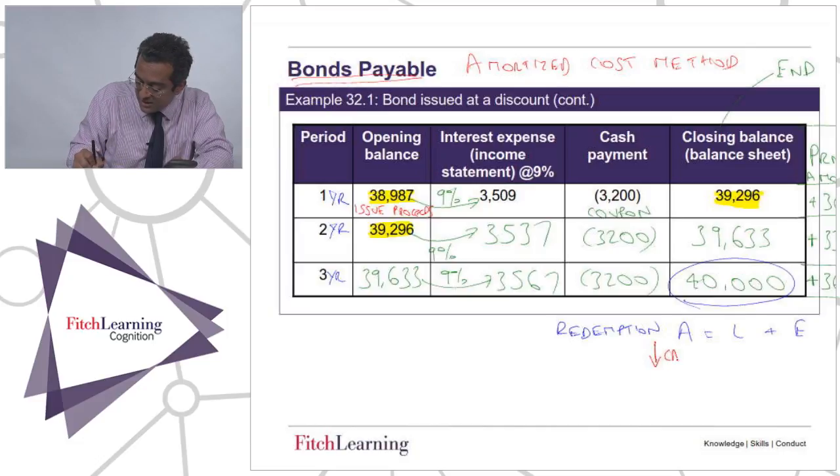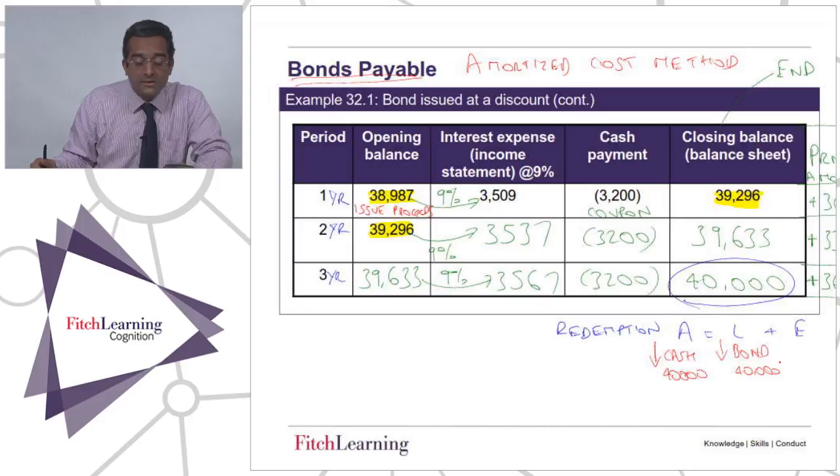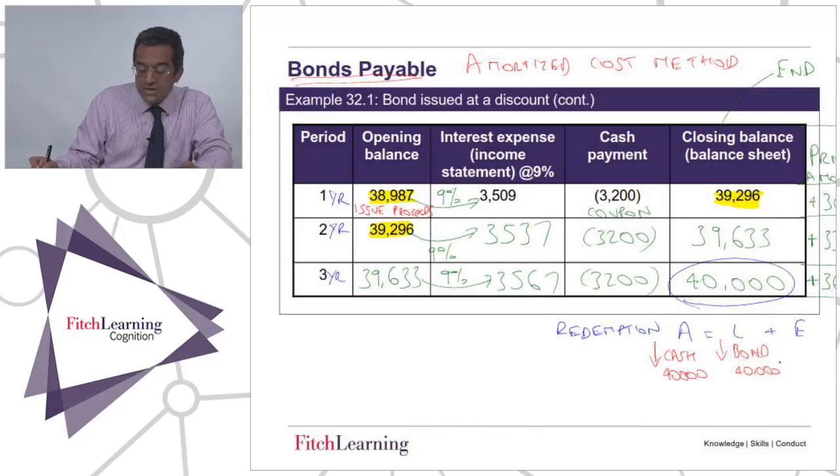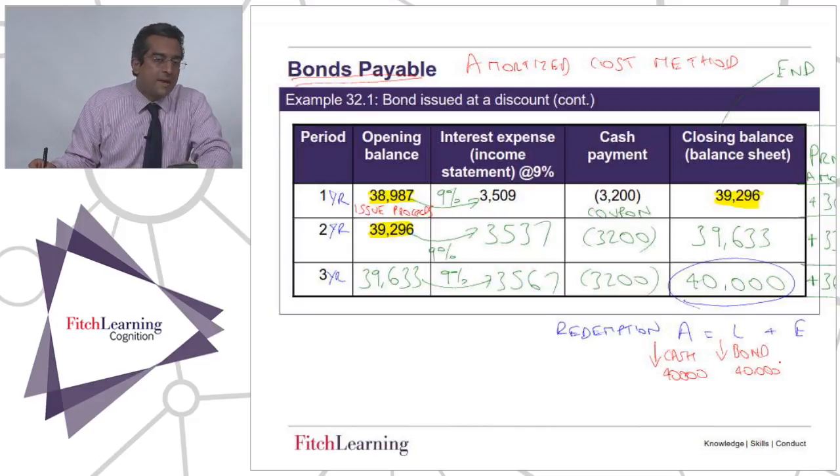So cash will go down 40,000, but also you remove the bond. The bond is also worth, of course, 40,000 par value, and that will be your last adjustment. Right? Finished.